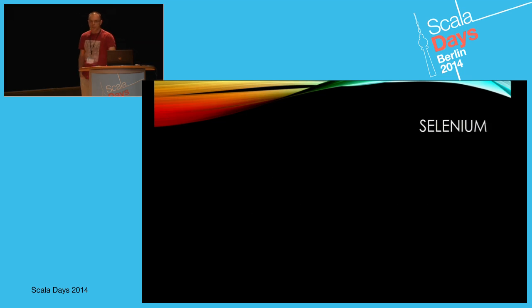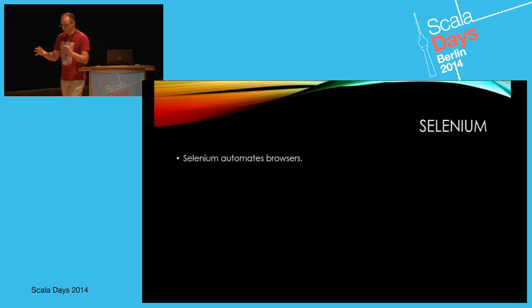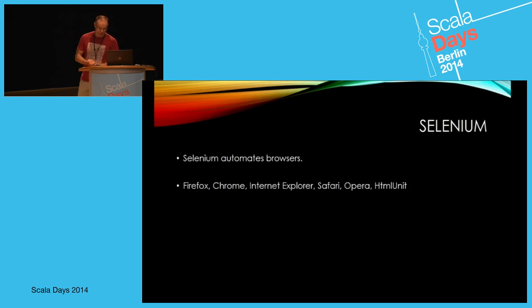Okay, so does everyone know what Selenium is? Anybody not know what Selenium is? Okay, Selenium automates browsers. So there is a driver in a jar somewhere that fires up a Firefox, fires up a Chrome, something like that, and tells it what to do. Click on this button, click on this thing, do this thing, go away, that sort of thing.